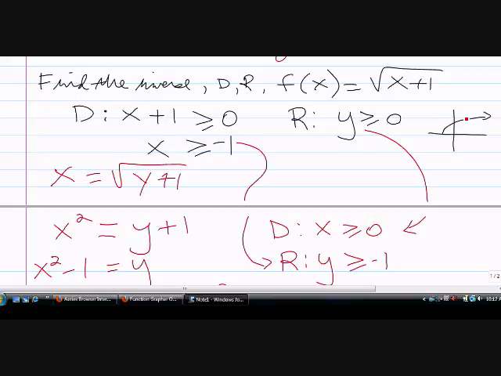And if I'm thinking of graphing this inverse, I only graph half of a parabola, because I have already said down here that my domain is x is greater than or equal to 0. I'm only talking about that right half of a parabola when I'm talking about y equals x squared minus 1, because it was only half of a sideways parabola to begin with, that square root function.